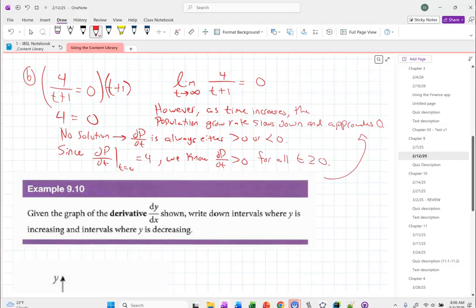Now, do you think that's probably typical of populations? What do you think? Think about animals. Is it going to keep on growing forever, or eventually going to hit a limit to where we can't really support any more animals?